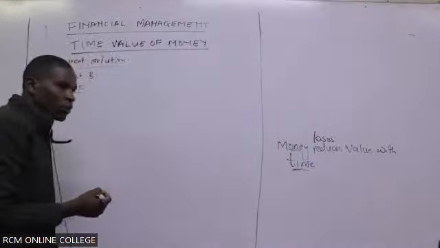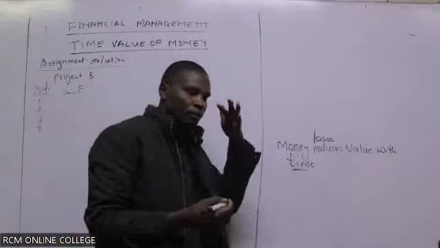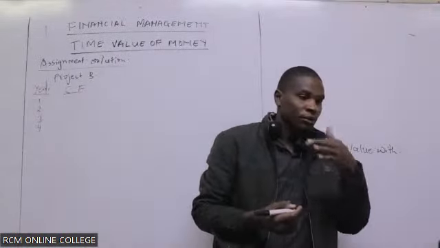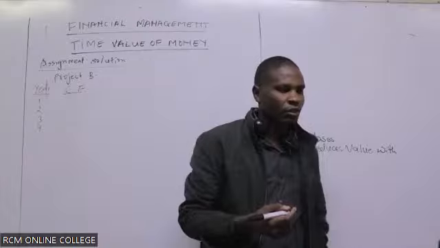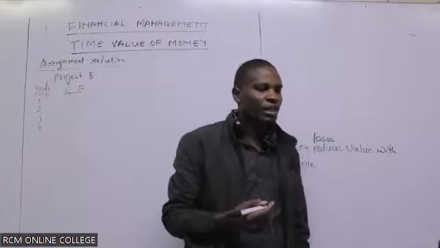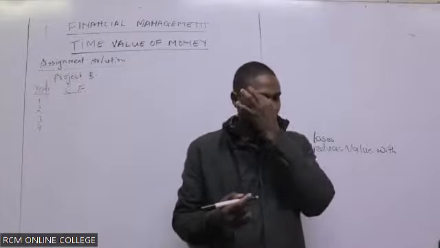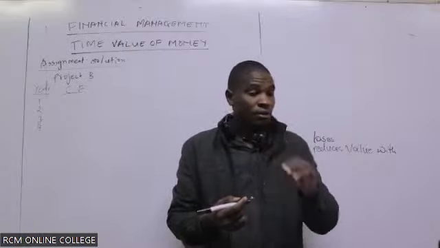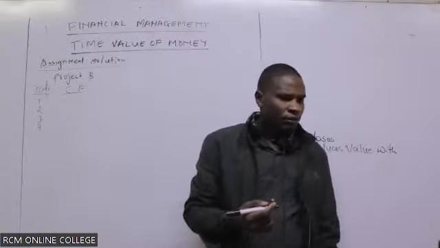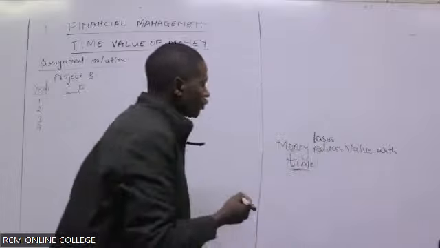Year one cash flow ilikuwa ngapi? Somebody, I think you wrote this from the assignment that I gave. It's better we start there. 5, 6, 8, and 10. Thank you.